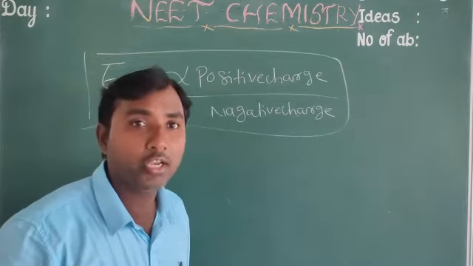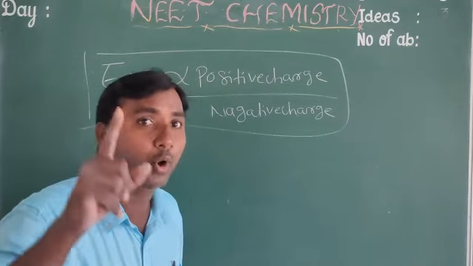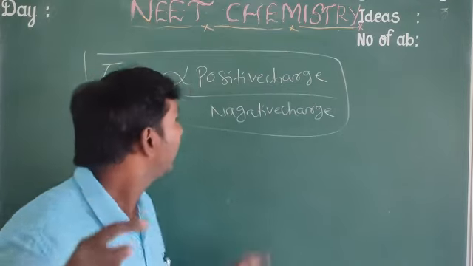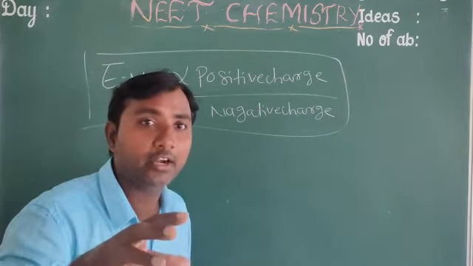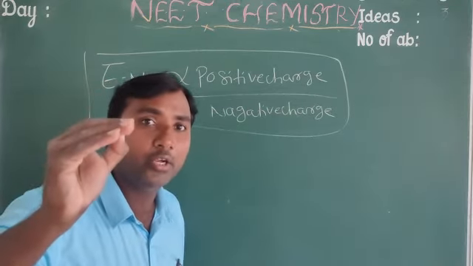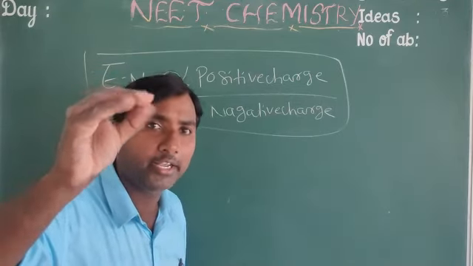Positive charge elements have lost electrons, while protons remain constant, so their nuclear charge is more. Negative charge elements have gained electrons. They have an excess of electrons, so their effective nuclear charge is less. We already discussed this in the atomic radius topic.